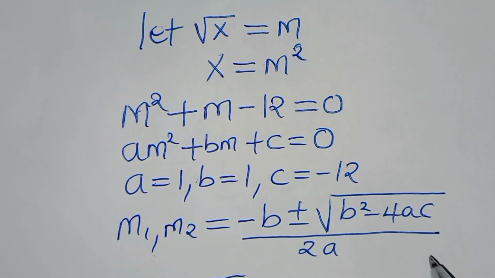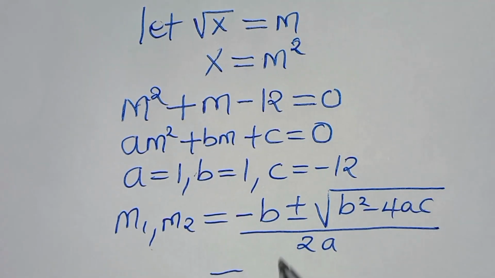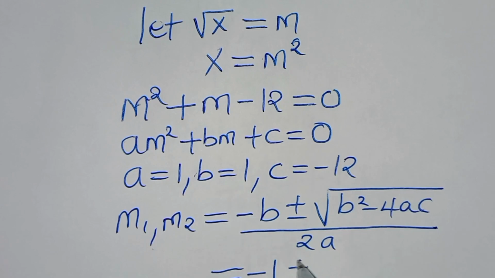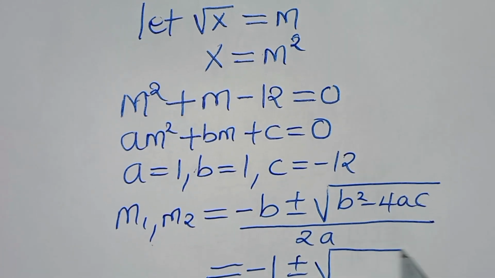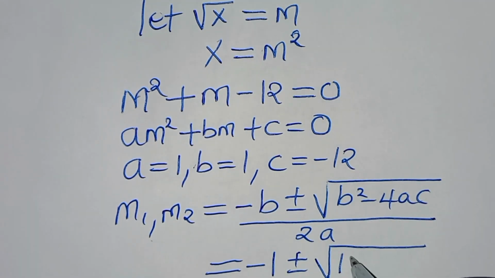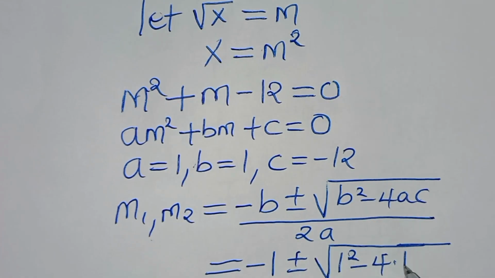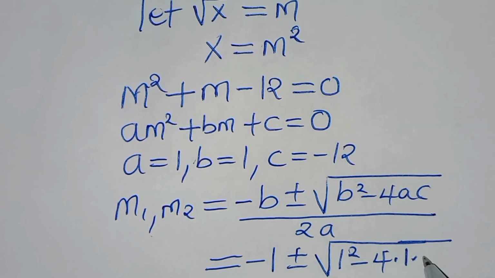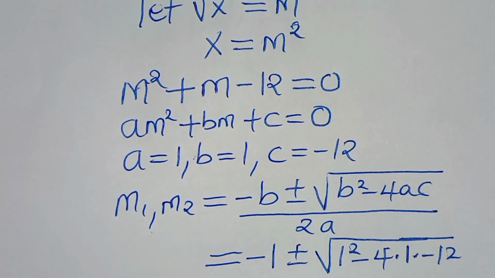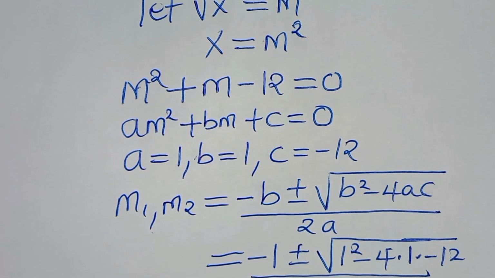Substituting the values of a, b, and c, we have minus 1 plus or minus the square root of 1 squared minus 4 times 1 times negative 12, everything divided by 2 times 1.